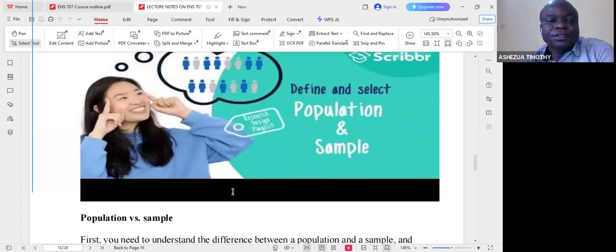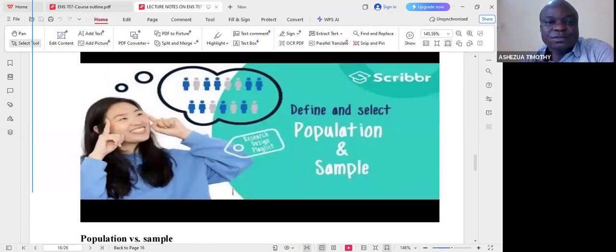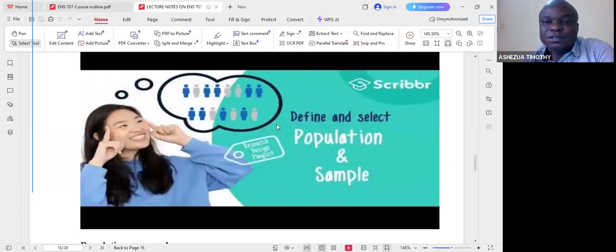Now, population versus sample. This is an entire population. How many persons do you have in the first row here? You have 1, 2, 3, 4, 5, 6, 7, 8.